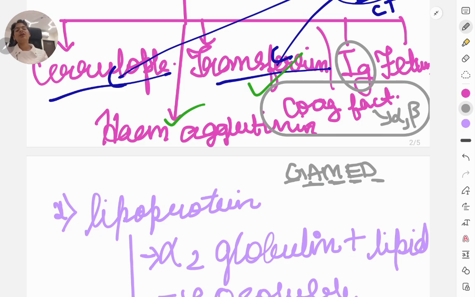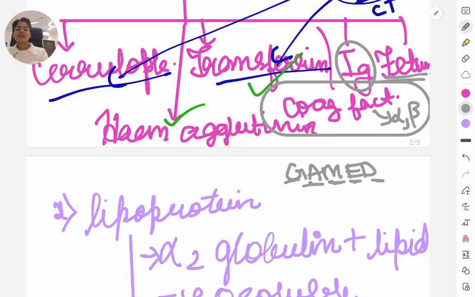We will not see them in detail here, but soon in the next chapter. Then fetuin, as the word says, fetus: it is in the fetus for growth. Clear?